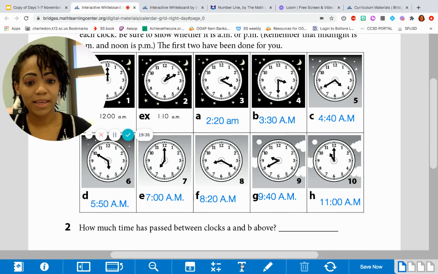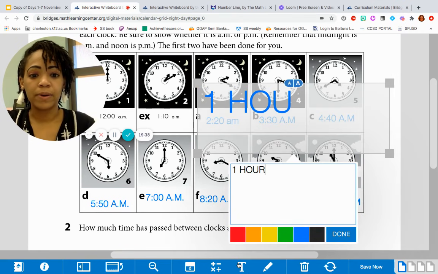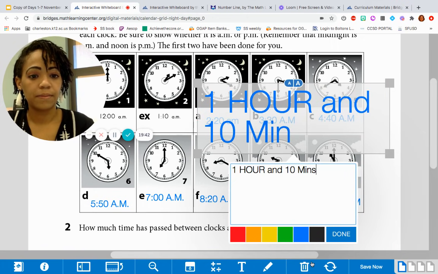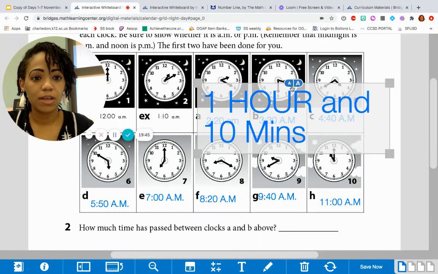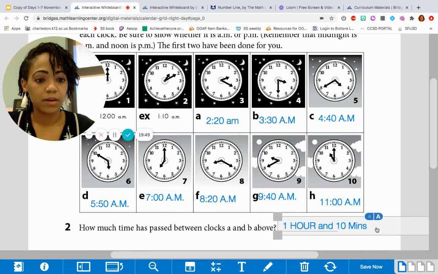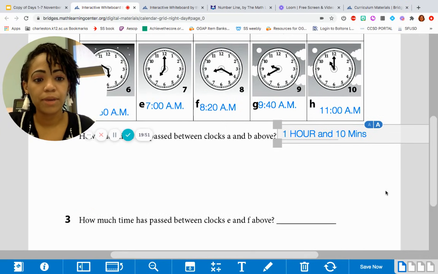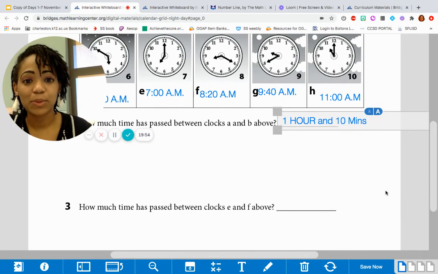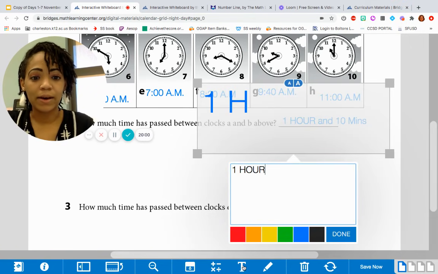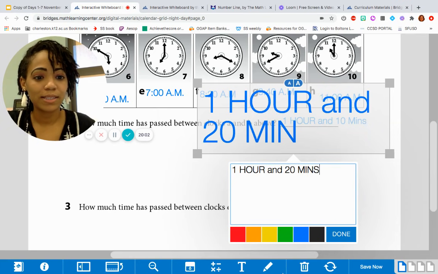Right, it's the same thing that we've been seeing. 1 hour and 10 minutes. Just like what we're seeing in our number corner. And then number 3. How much time has passed between E and F? Yeah, we were able to see that very quickly. 1 hour and 20 minutes.